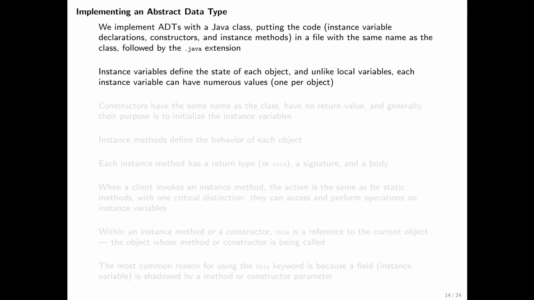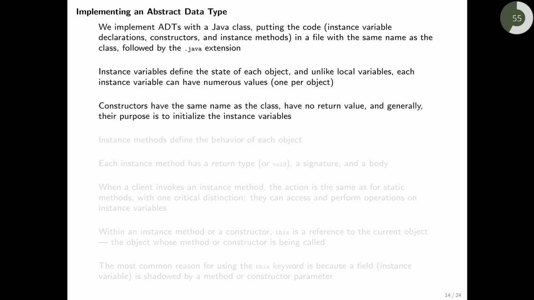For example, going back to the counter data type, it's going to have an instance variable that keeps track of the tally, and each object of the counter data type will have its own value for tally. All right. So that's what we mean when we say that each instance variable can have numerous values, one per object.